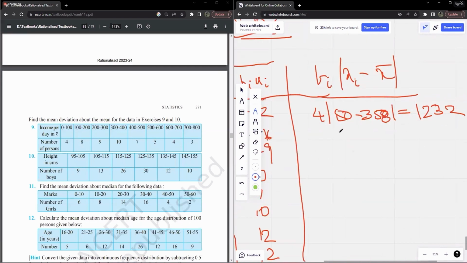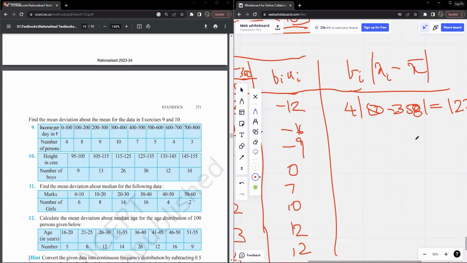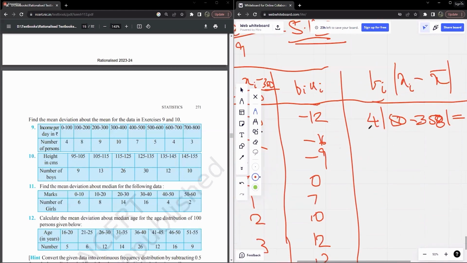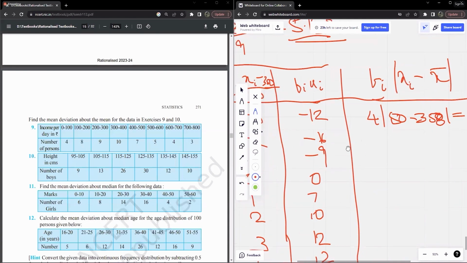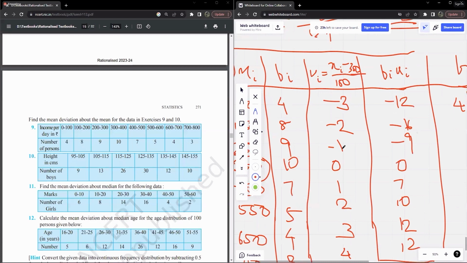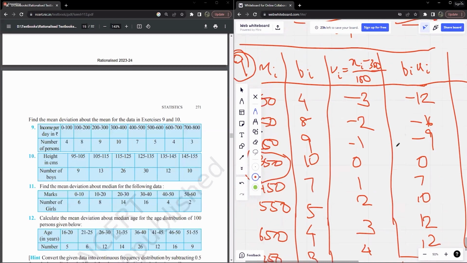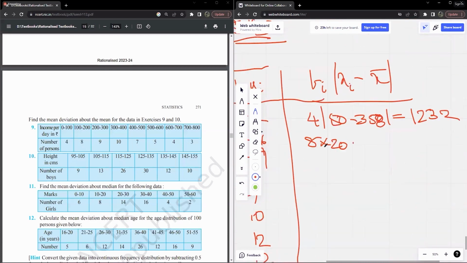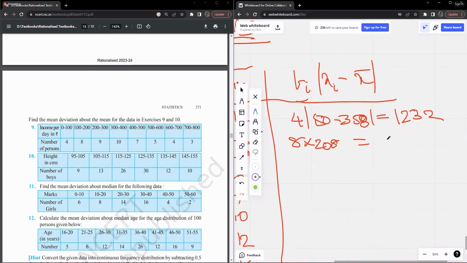Similarly, over here, this is going to be 8 into 150 minus 358, which is going to be 8 times 208. This is 8 into 208, which is equal to 1600 and 64. So we have 1664.